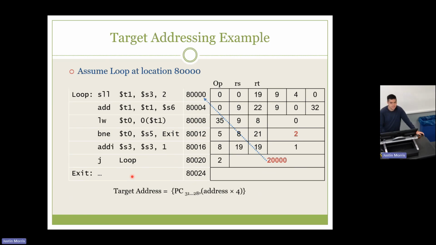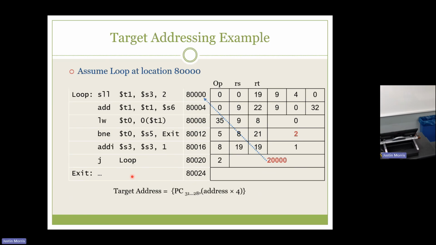Sorry, could you go over again how you got 20,000 for that box? Okay, so top 4 bits of PC stay the same. Our PC is currently this. Right? Top 4 bits of this as a 32 bits binary number are 4 zeros, right?